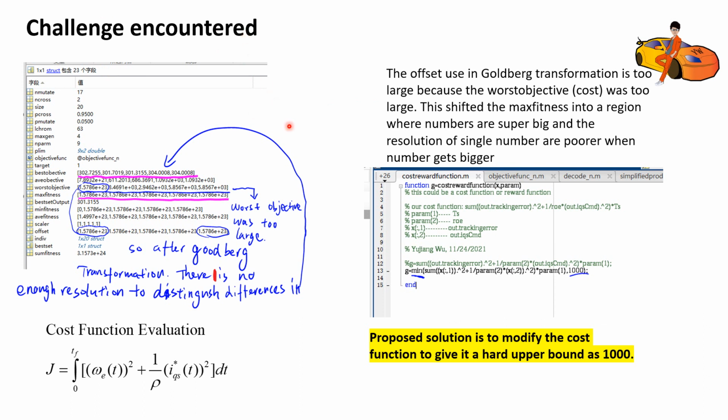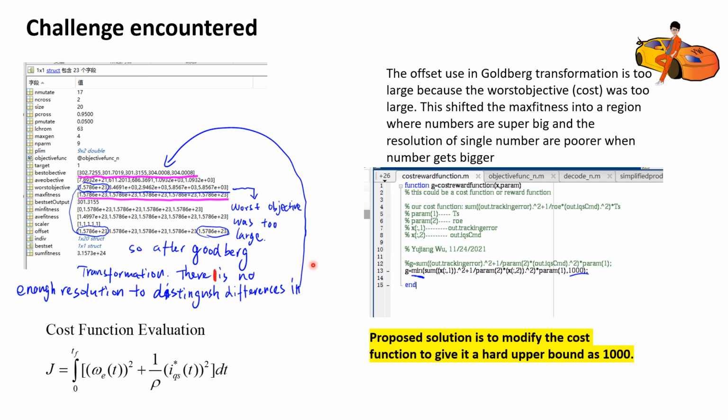So the challenge that I encountered when I implemented this first is when I apply the Goldberg transformation to my cost. You see the worst cost here is very, very large, and the Goldberg transformation basically flips that cost and then shifts it to make sure that fitness is non-negative, is positive. So I end up shifting it with 1.5786 to the power of 23.